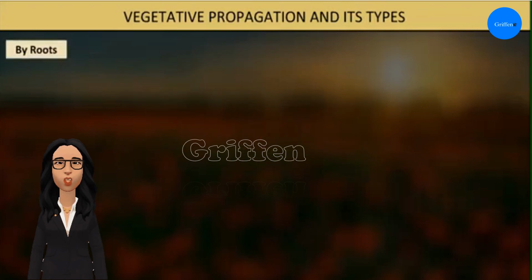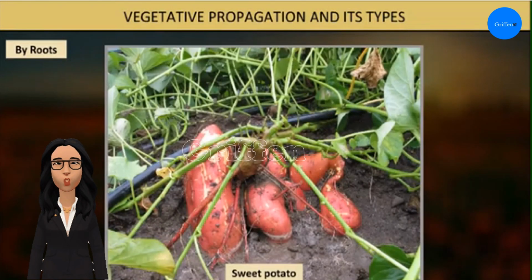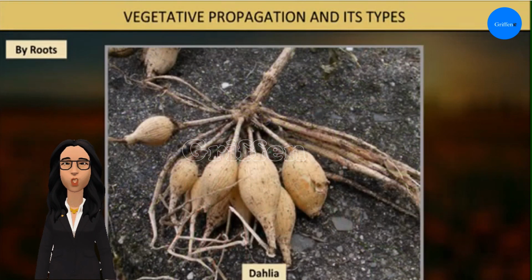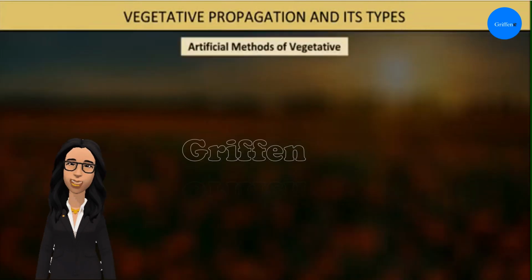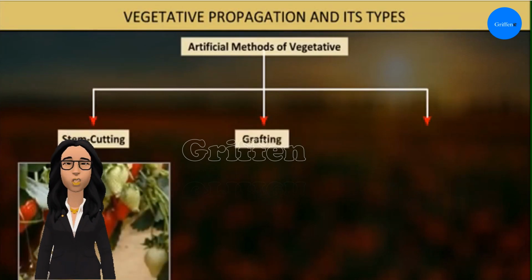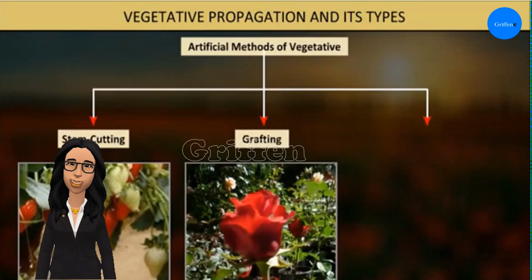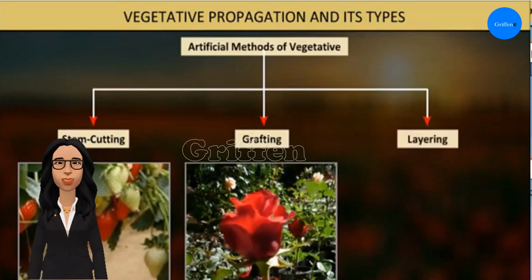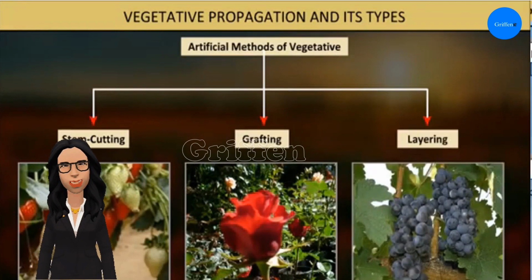Propagation by roots, for example, in sweet potato and dahlia. The artificial methods of vegetative propagation include stem cutting, for example, in strawberry, grafting, for example, in rose, etc., and layering, for example, in grapes.